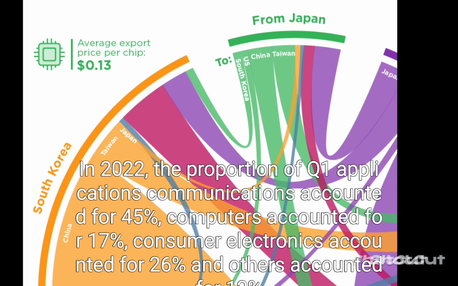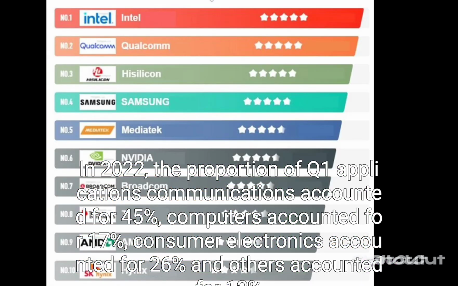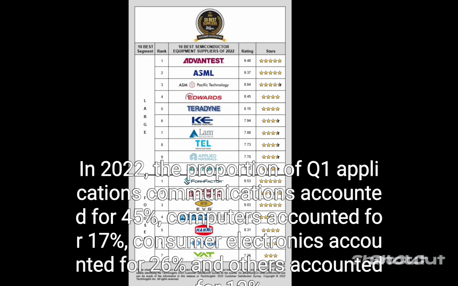In 2022, the proportion of Q1 applications: communications accounted for 45%, computers accounted for 17%, consumer electronics accounted for 26%, and others accounted for 12%.